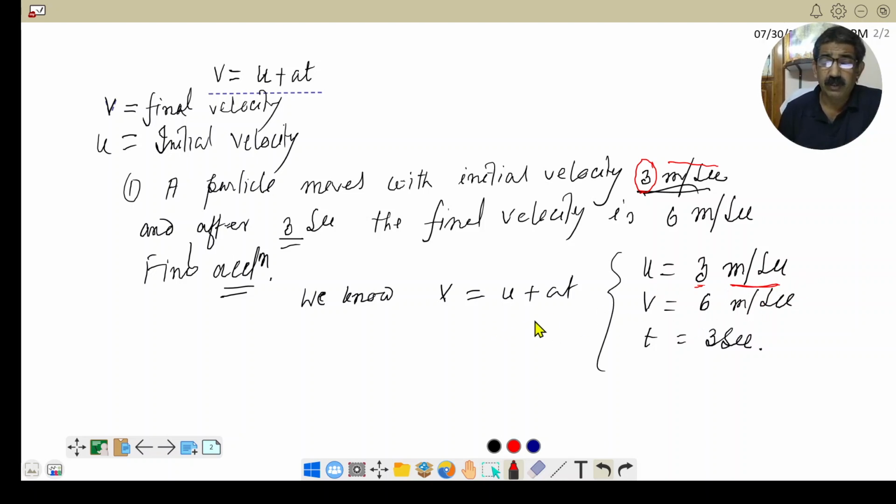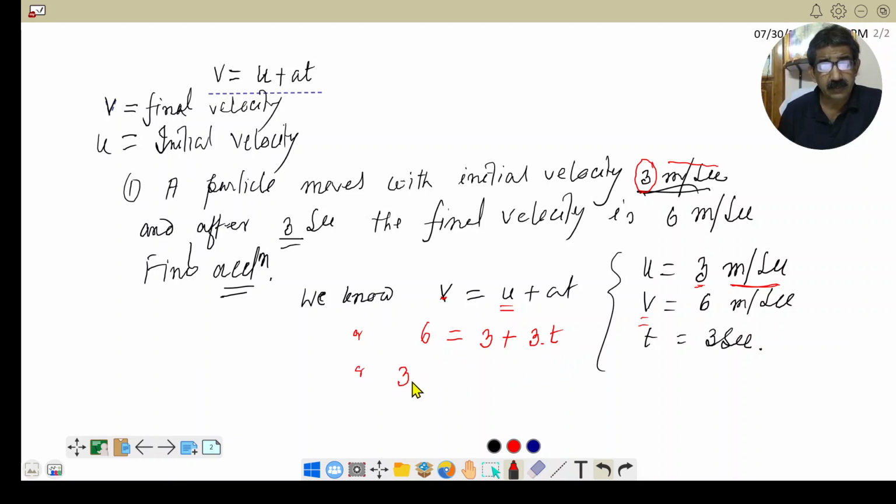So putting all the values in this equation we have 6 is equal to 3 plus 3a.